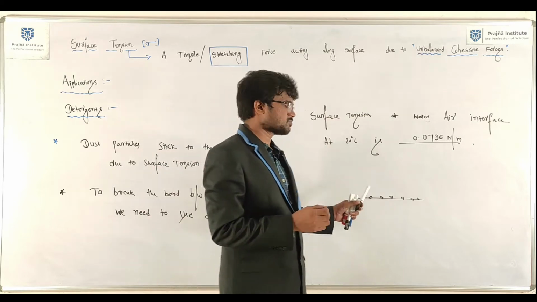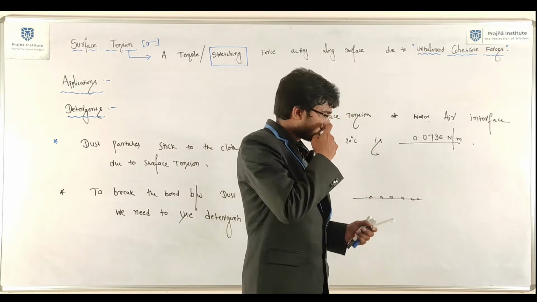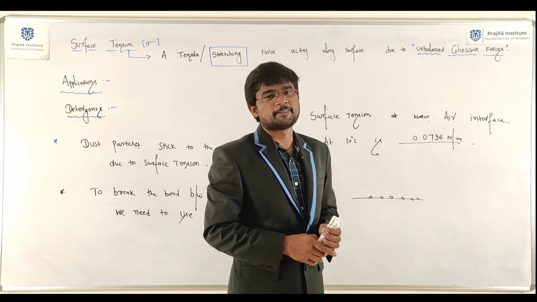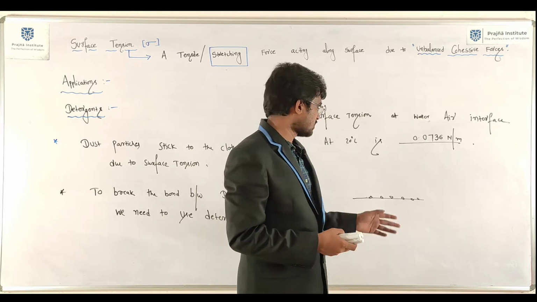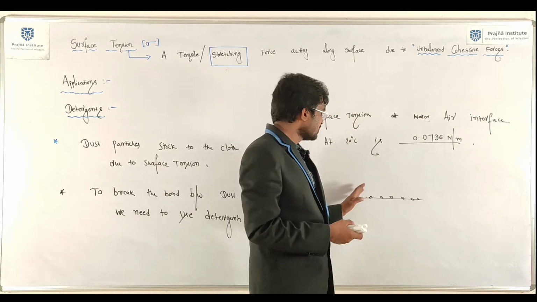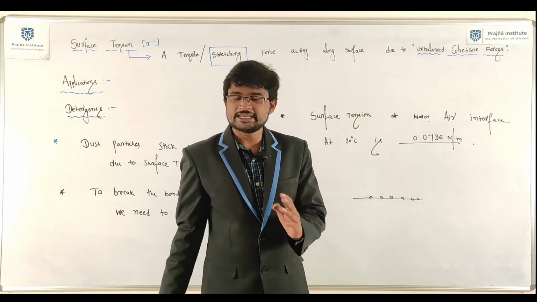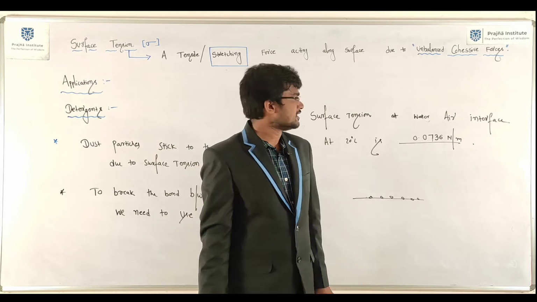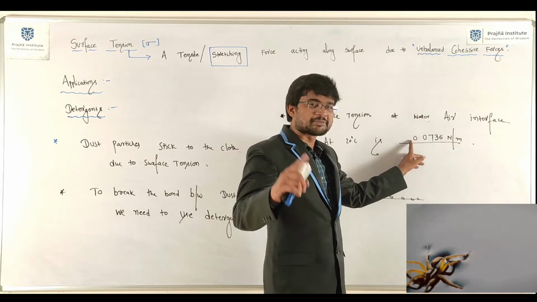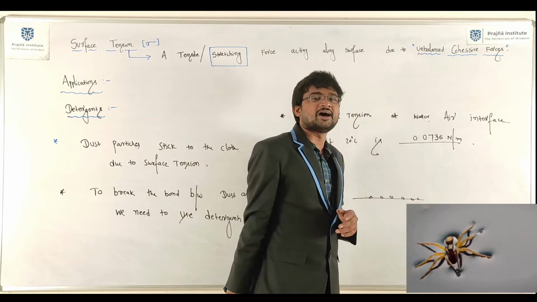Due to surface tension, the fluid can bear a very small amount of load like mosquitoes and some insects. Those can happily stand over the surface of the liquid. That is because of surface tension only. Per meter, this much weight of mosquitoes will be able to stand over the liquid.